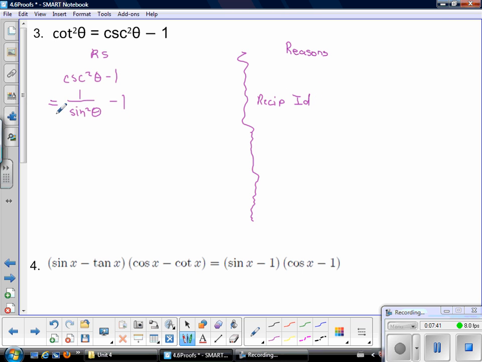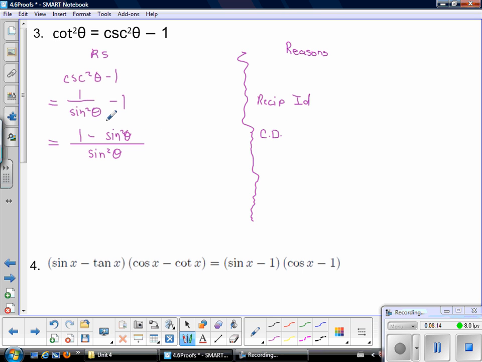As soon as I did that, I noticed now I have a fraction, so I want to find a common denominator. My common denominator is going to be sine squared theta. This term stays as 1, and this one is going to then be sine squared theta, because if I multiply the bottom by sine squared theta, I must multiply the top. So all we did there was find a common denominator.